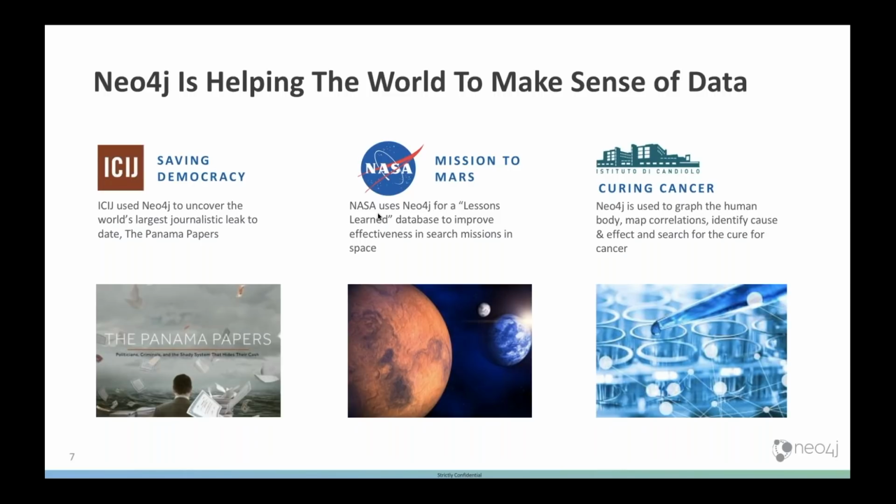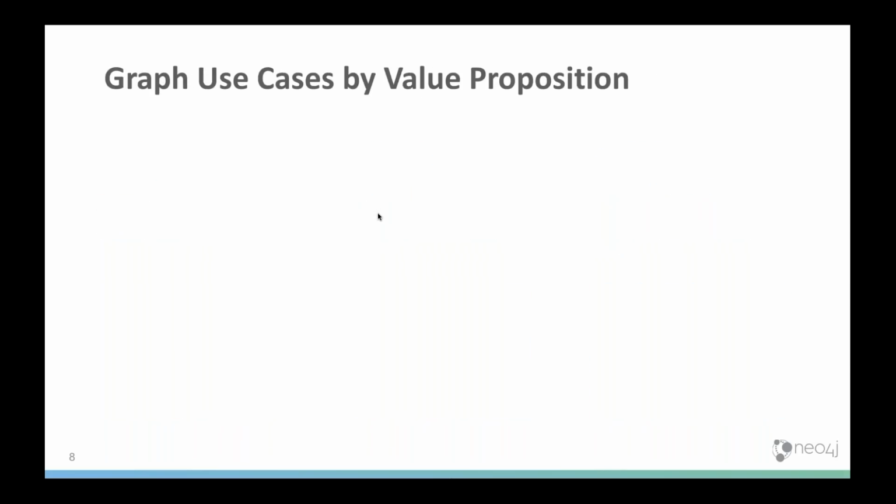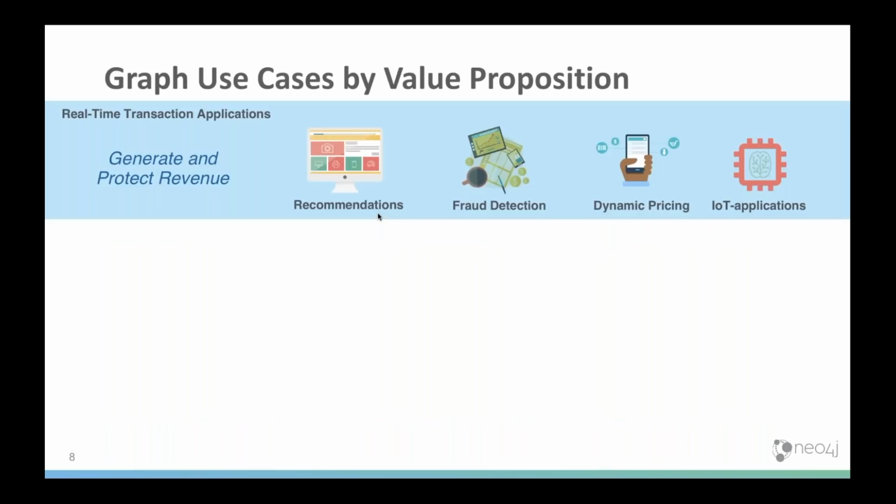Okay, moving on. So there are three big value propositions for Neo4j. The first is real-time transactions. So Neo4j, as I said, is an ACID database. It's a high-performance database that's often used behind complex applications which have got thousands or millions of end users, and it's got to give lightning response to queries.